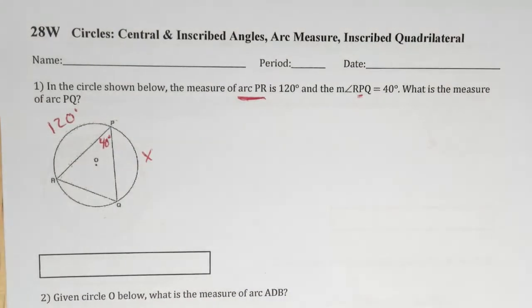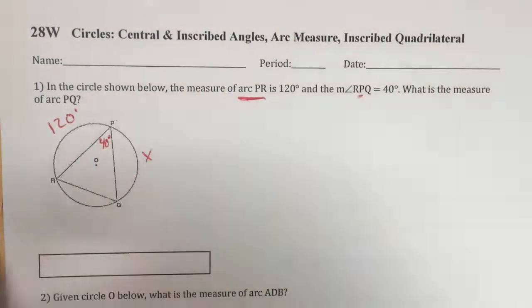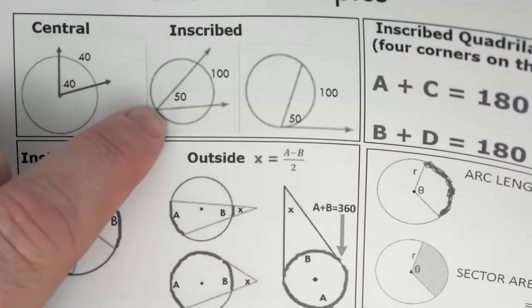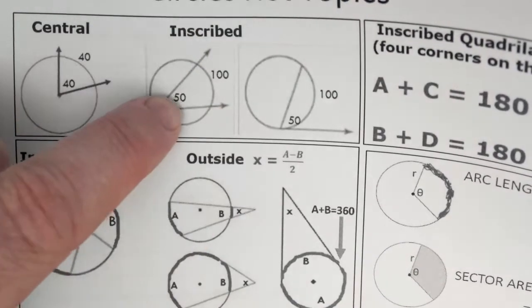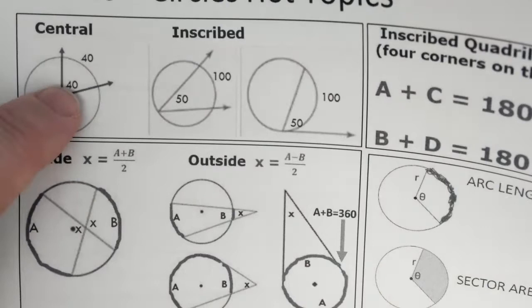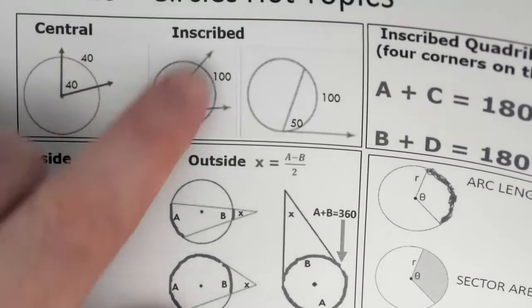All right, so let's think about this for a second. If the angle at the back of the movie theater is 50, then the movie screen would be 100. So if it's at the center, it would be the same. Center means same, right? So if that's 40 degrees, this would be 40 degrees.